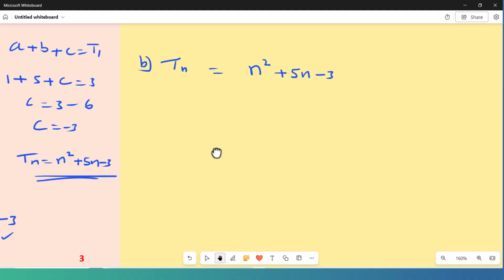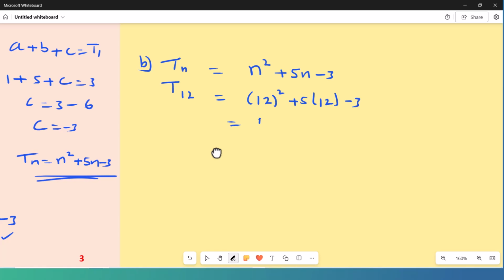So where there is n, we are putting 12. We're going to say now, open bracket 12 squared, then plus 5 times 12, and then minus 3. So here, what do you get?